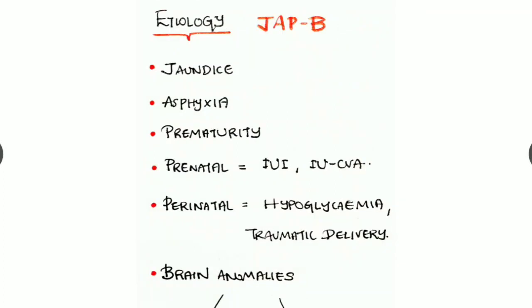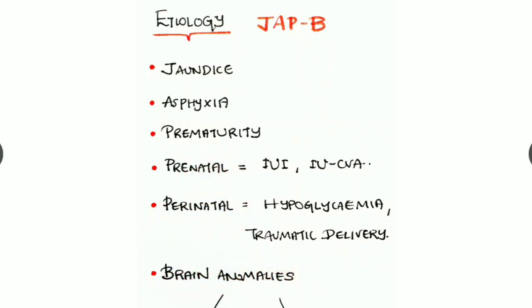Etiology. The Santosh Kumar textbook has given a mnemonic JAP-B: J for jaundice, A for asphyxia, P for prematurity, prenatal causes, perinatal causes, and B for brain anomalies.